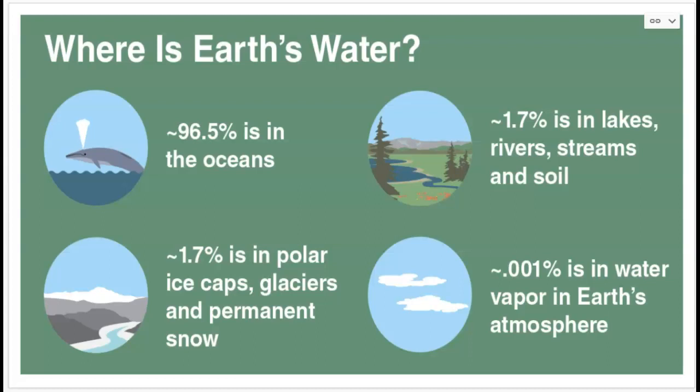Another 1.7% is in lakes, rivers, streams, and soil. 0.001% is in water vapor in Earth's atmosphere.